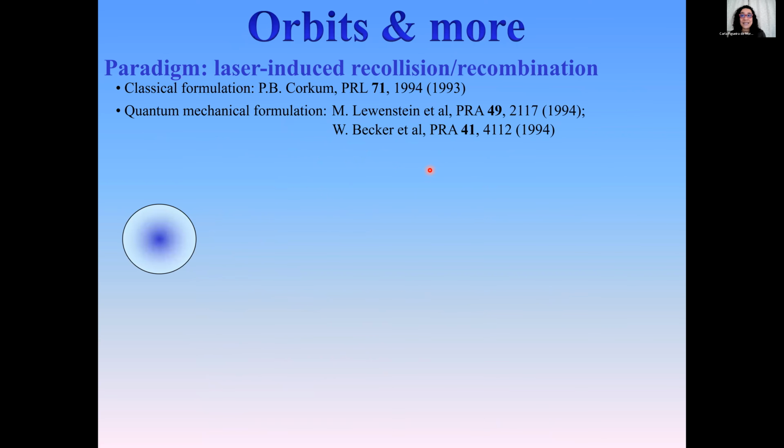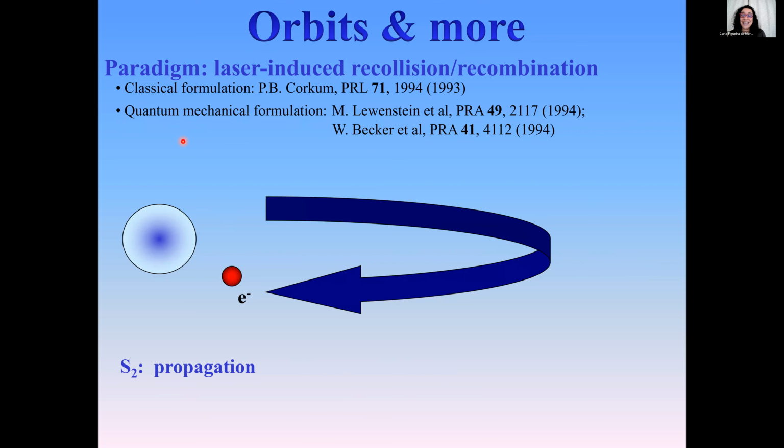There have been approaches that do exist since the 1990s, and orbits have played a huge role in the sense that they describe the main features that you find in photoelectron or high harmonic spectra. The phenomena that occur are described by laser-induced recollision or recombination. So you pull one electron out, it reaches the continuum either via tunneling or multiphoton ionization.